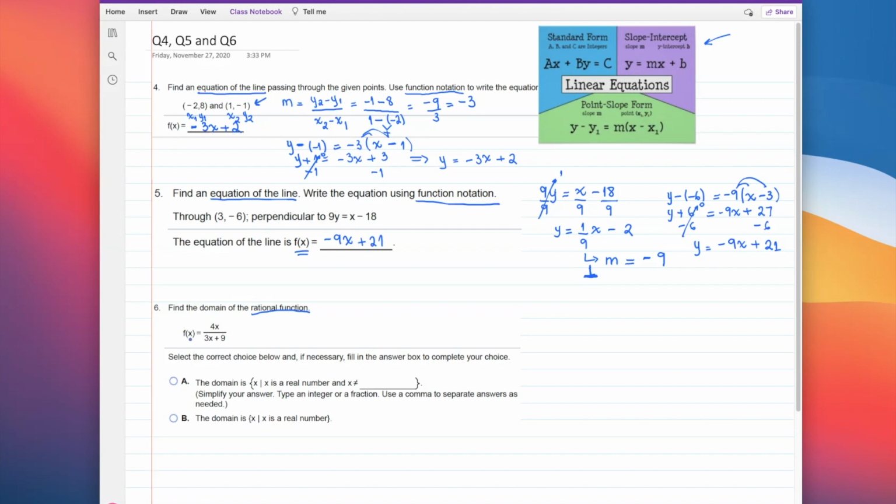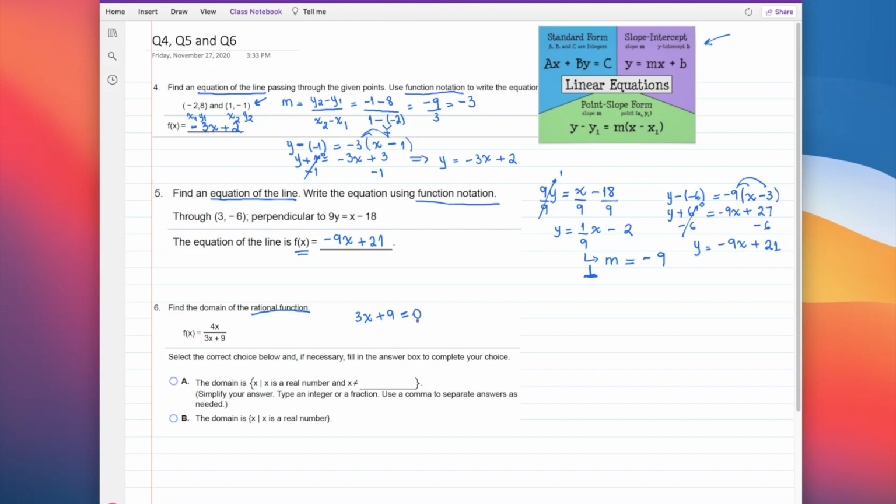Can I use any variable, x? I have to pay attention because it has to have a restriction. Fractions do not allow a denominator to be 0. So 3x plus 9 cannot be 0.